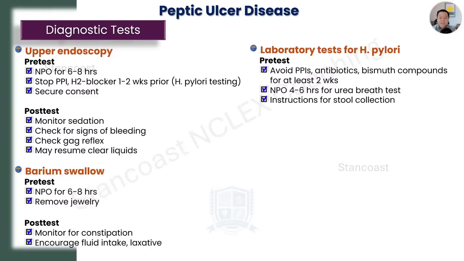And also we're going to have to include teaching the patient on how to properly collect their stool specimen hygienically that is needed for the stool antigen testing. And we're going to have to inform the patient about the blood draw whenever there is a plan to check the H. pylori through the blood samples.